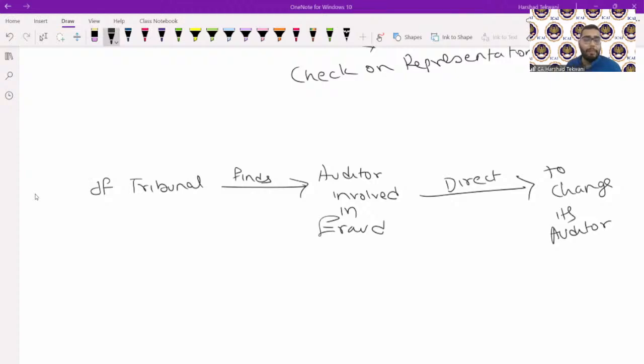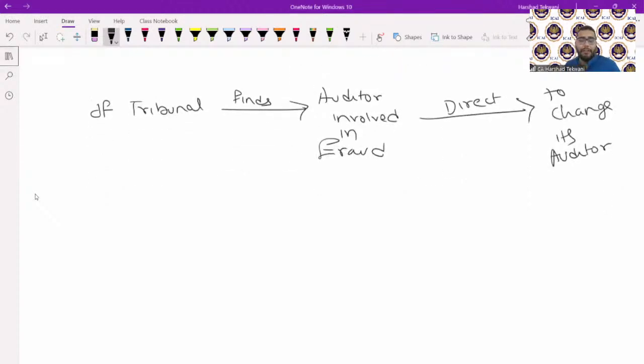Now once the tribunal passes its final order, the particular auditor will not be eligible to be appointed as an auditor of a company for the next 5 years from the date of the order.